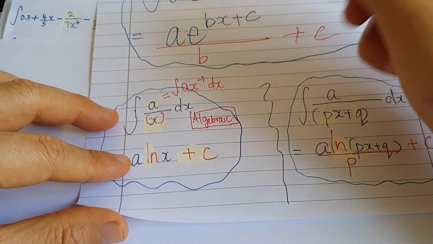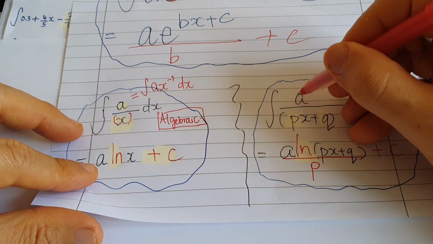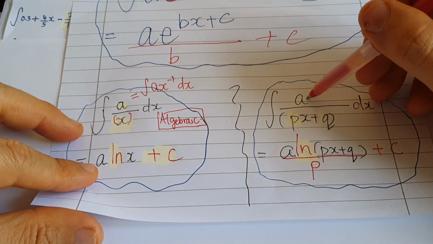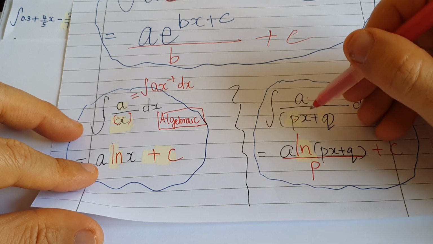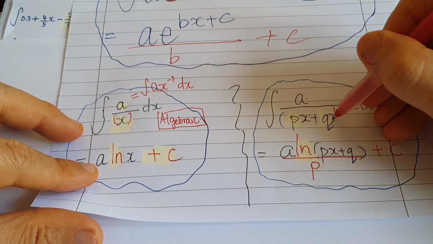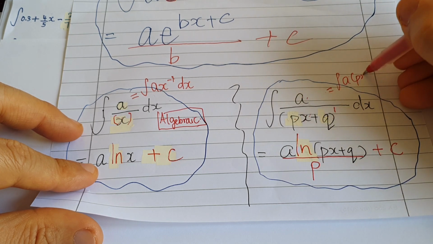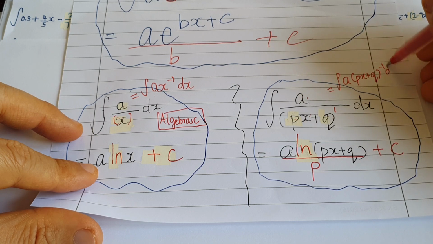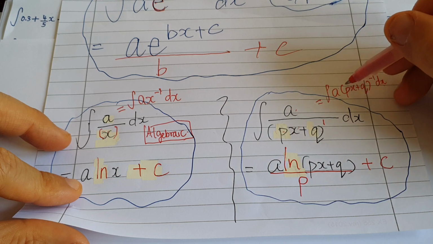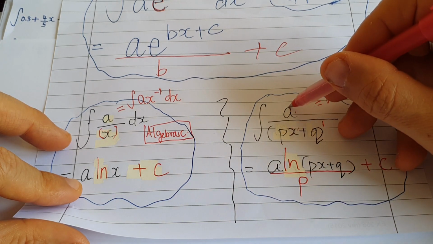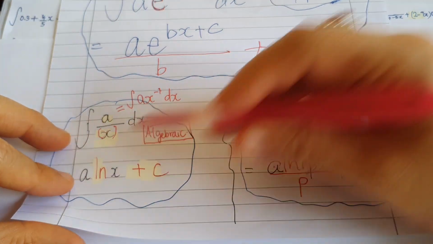Okay, later I'll show you another example, this one. Alright, if I have this where a, b, p and q are constants and x is a variable, then you will find that this whole thing is power 1. Again, when I bring it up, you'll be having the same problem of dividing by 0. Now in such cases, you just write the constant a as it is here, the constant a just stays here.